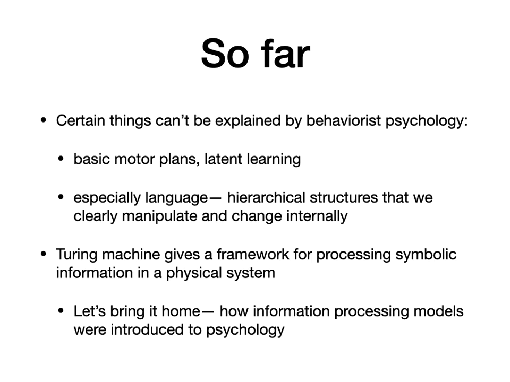The Turing machine on another vector comes in and says, hey, here's a way we could think about looking at the structure of a processing system to move symbolic information around in a physical way. So we can bring all this stuff home together.